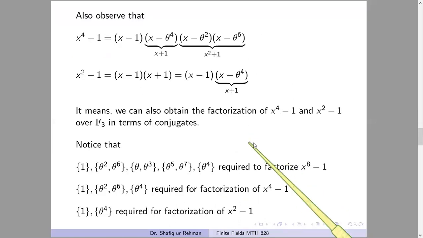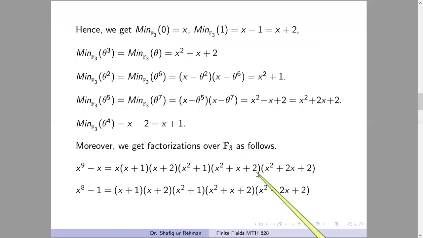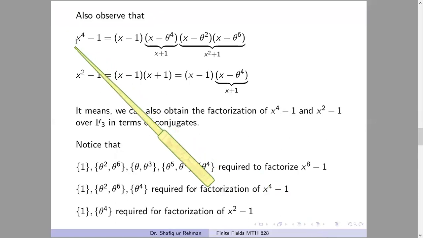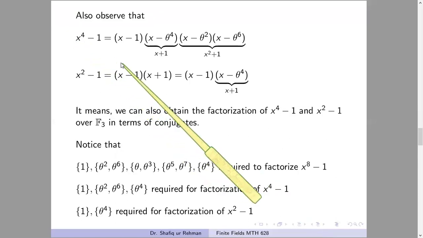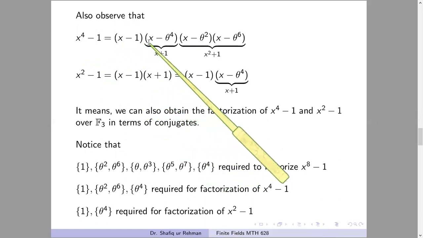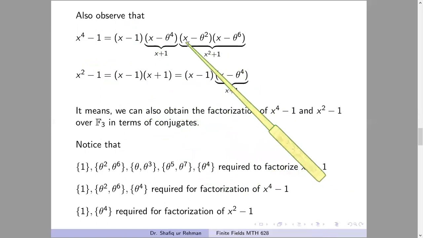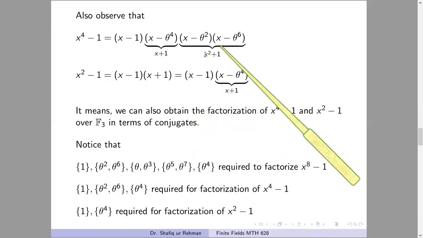And yes, this is an important observation. Also observe that this is the factorization of x power 8 minus 1. But if we take x power 4 minus 1, we can also factorize it over the field F3 as follows. We write x minus 1 and x plus 1, and their product is x square minus 1, and this is x square plus 1.